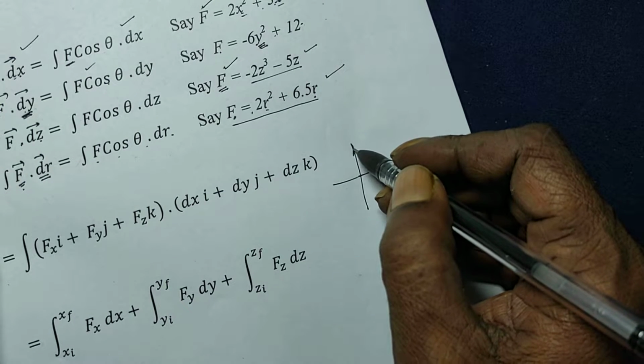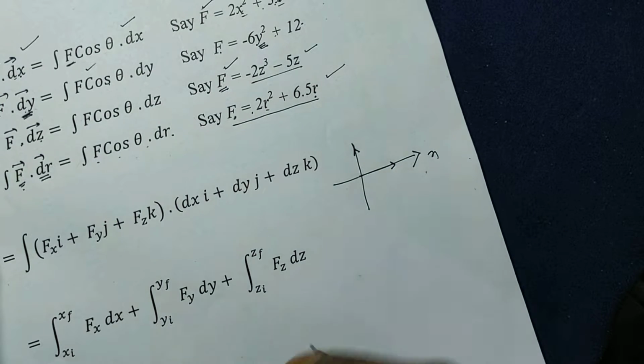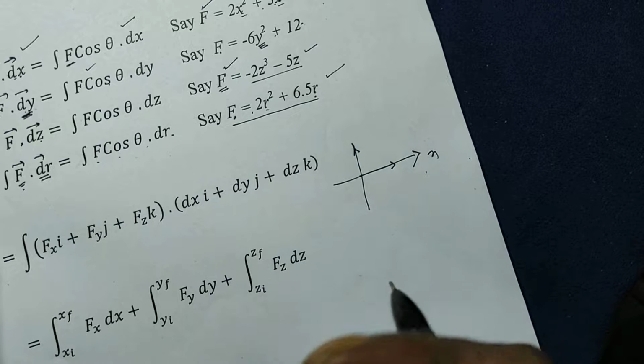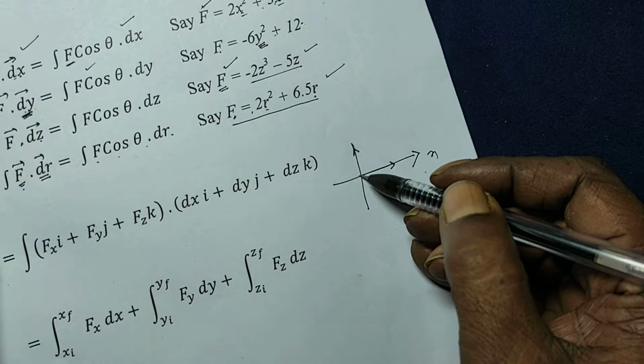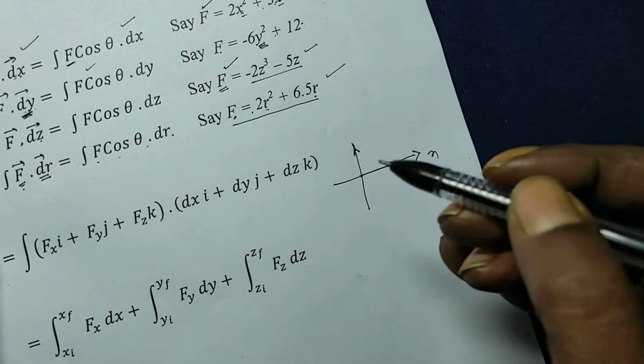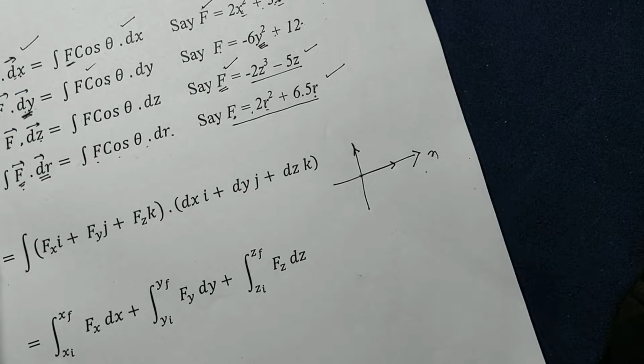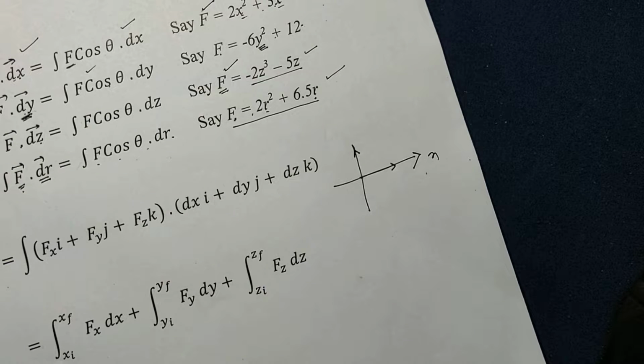If a force is along the y-axis only, then it will be some combination of some numbers and some j cap. Similarly, if the force is along the z-axis, vertically up, it will be some combination of z only. But if there is a three-dimensional force, it will have some x component, some y component, some z component.